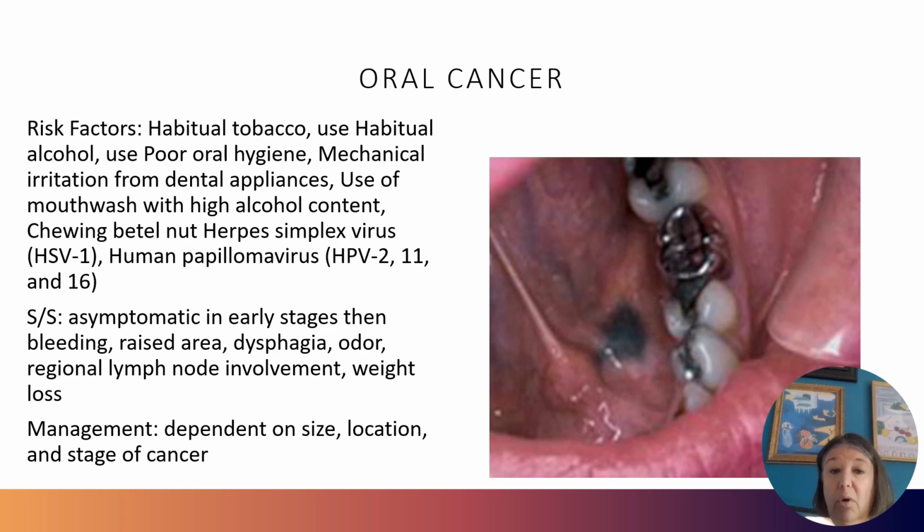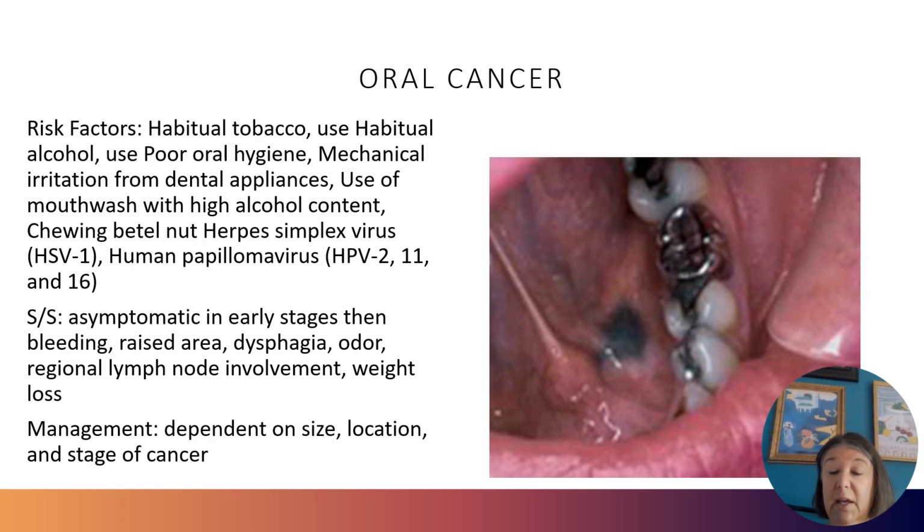But they don't go away and they look more ulcery than a canker sore or a herpes. White or red patches that don't go away. If our person's having difficulty speaking or dysphagia, we're going to want to see what's going on. The other thing is loose fitting dentures. Because maybe our person's not eating, maybe the mouth has changed, they have ulcers, and so dentures are fitting weird. That can be an indication that something's going on.